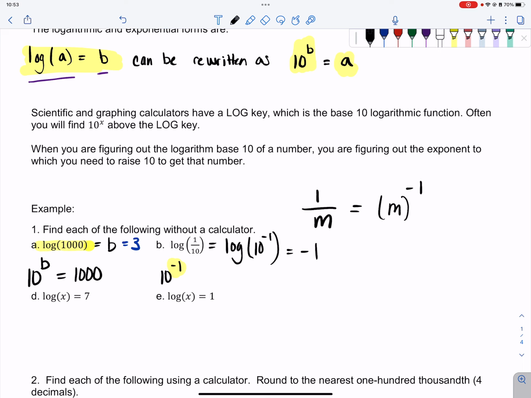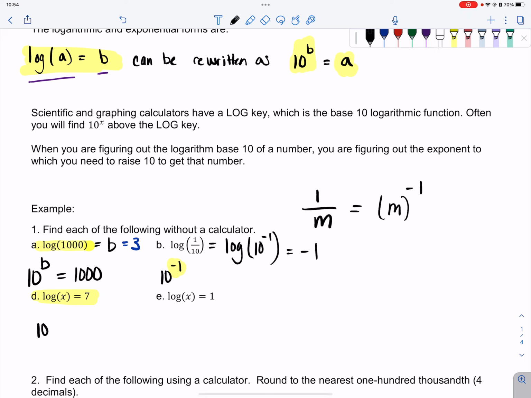For the next two, we have been given what the logarithm is equal to, and now we want to know what is on the inside of the logarithm. So we have log of x equal to 7. This means that I have been given my exponent on 10.